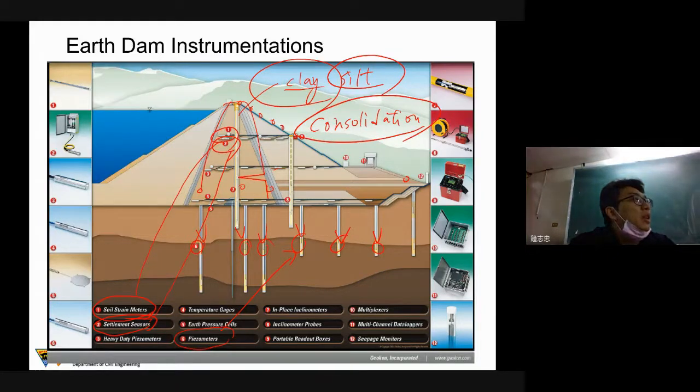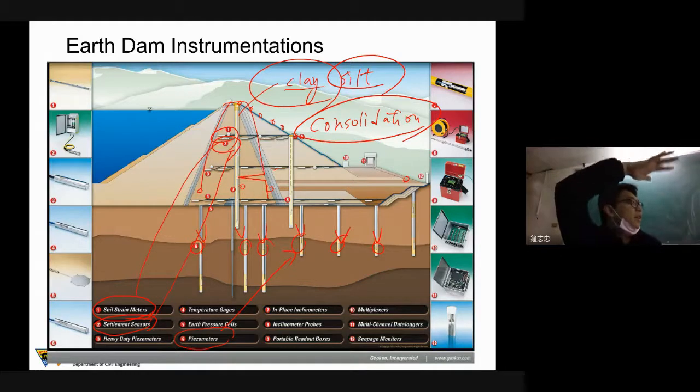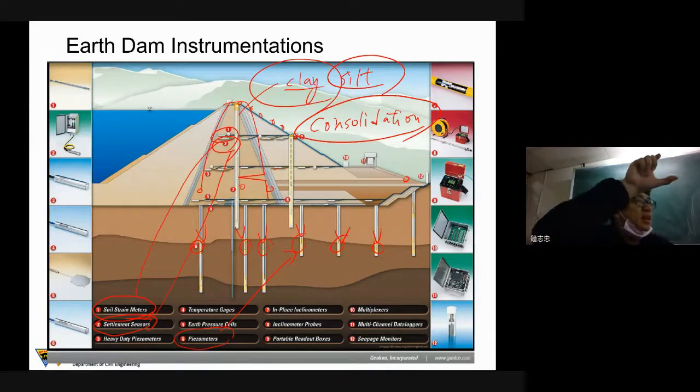Consolidation problem. With time, the layer of this clay soil is sealed, and the volume will keep concentrating. Consolidation means that we may have settlement of the surface.